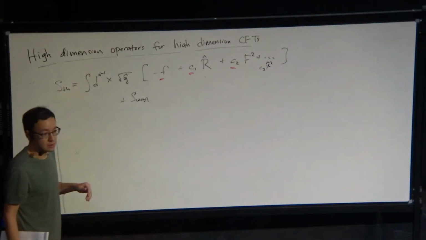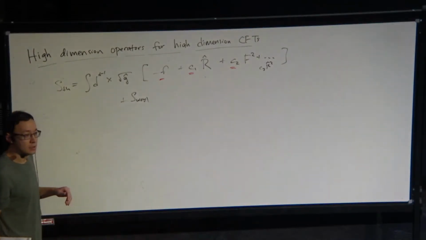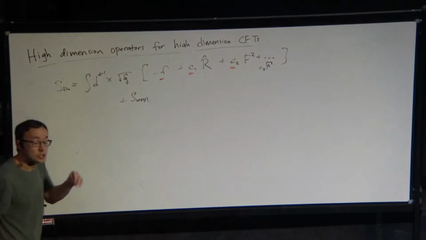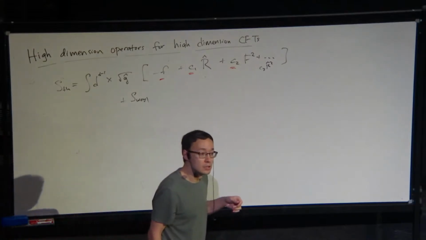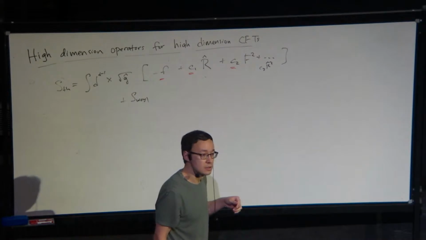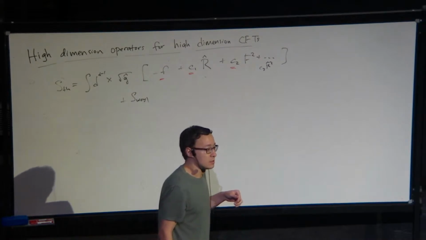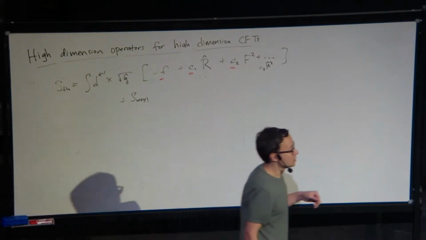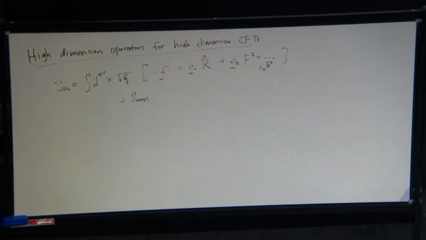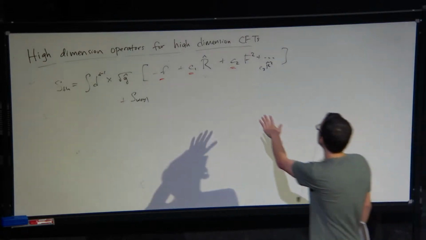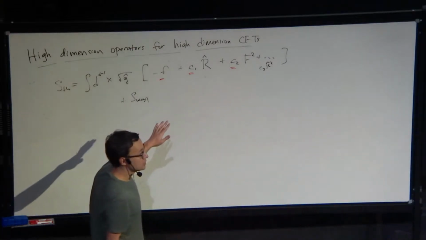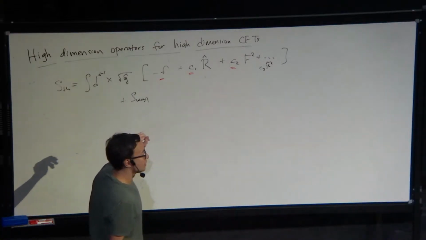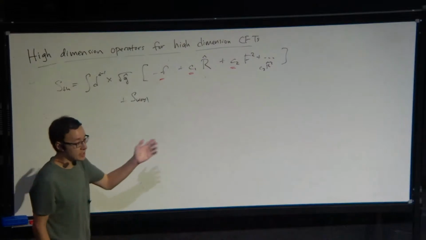Is tau pi periodic or beta periodic? No, these will all be dimensionless parameters. Well, it doesn't have the same number of derivatives. Yeah, that's right.